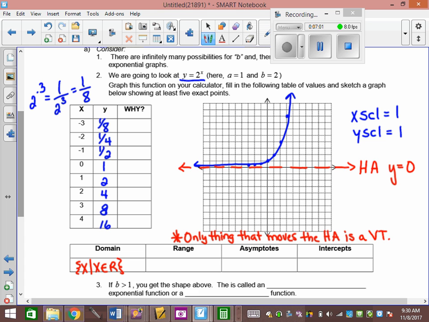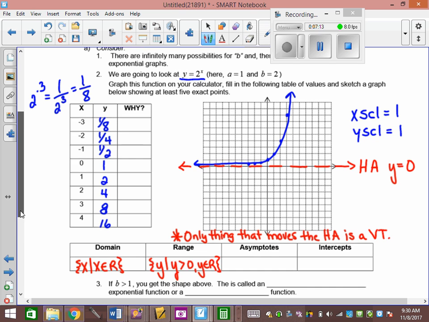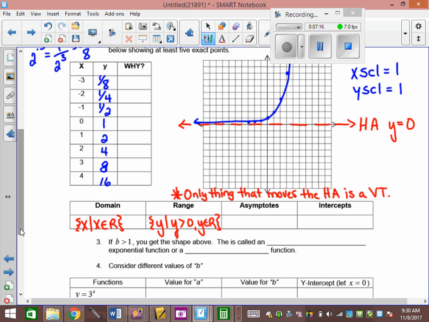The range in this case is y such that y is what? Not equal to, right? So my asymptote can change with a vertical translation. How can my range change? A whole bunch of things can change my range, but what can change my inequality sign?